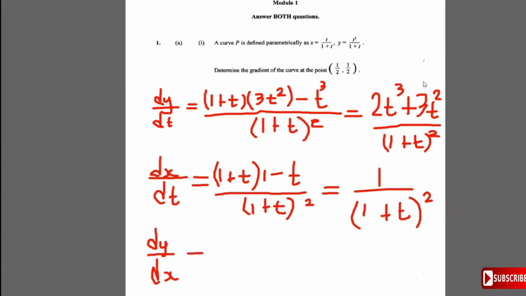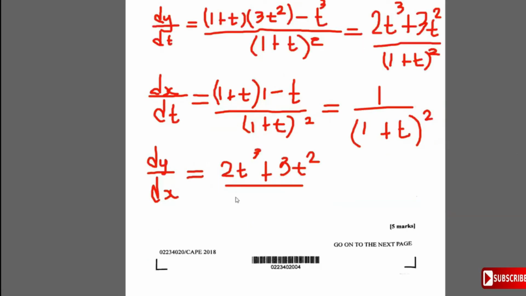So it's going to be 2t cubed plus 3t squared over 1 plus t all squared, multiplied by dt dx.